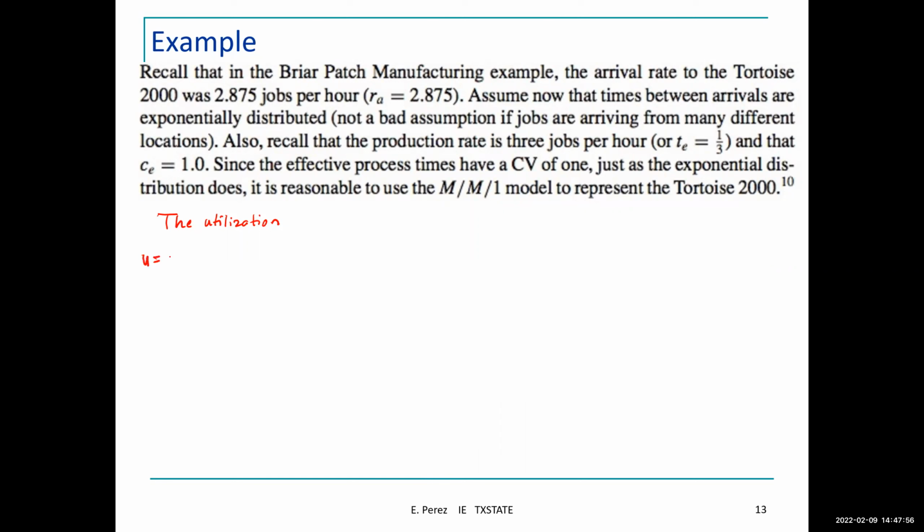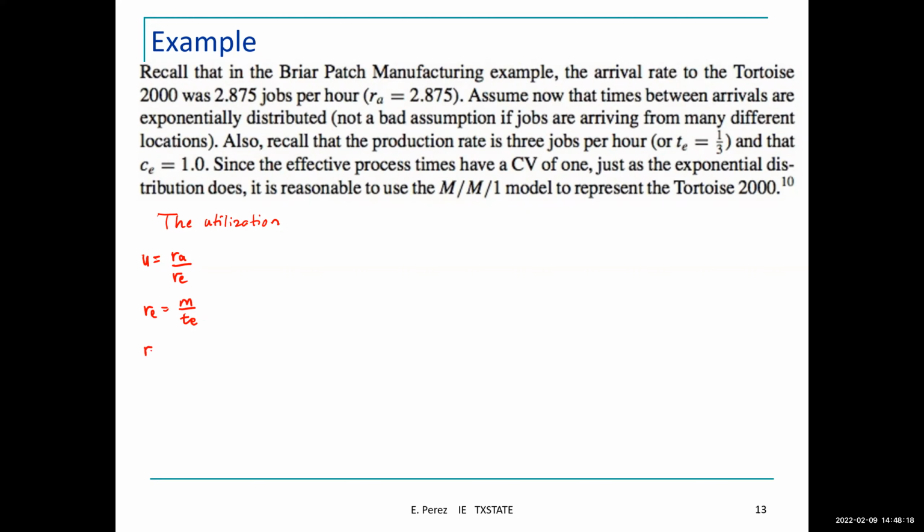U equals RA divided by RE, and RE is equal to M divided by TE. M is the number of machines, and TE is 1/3.